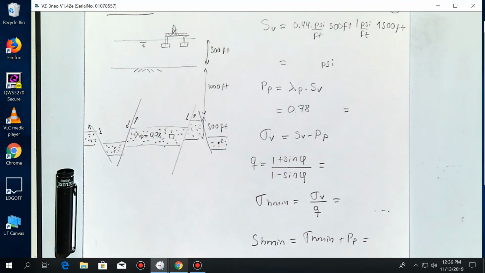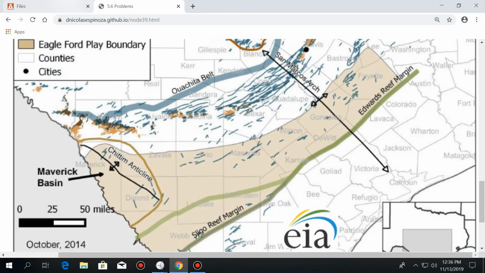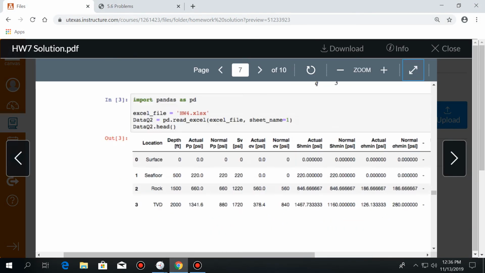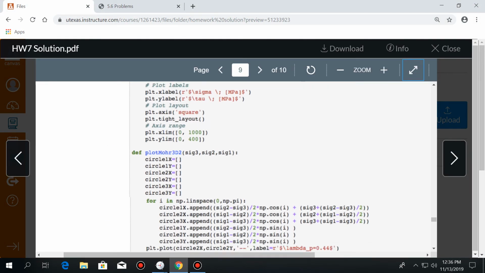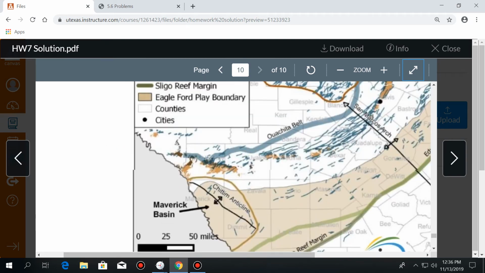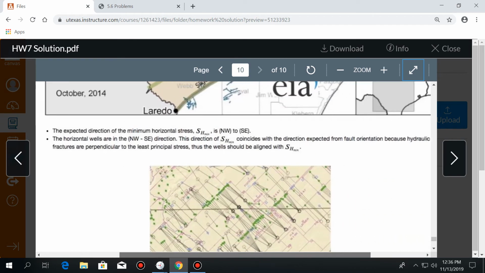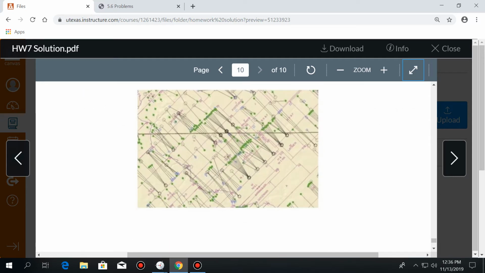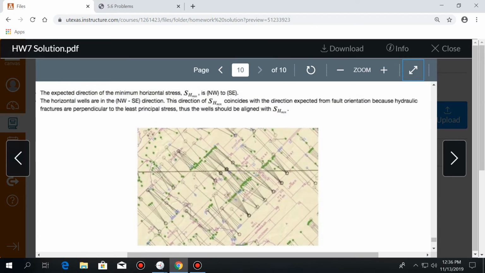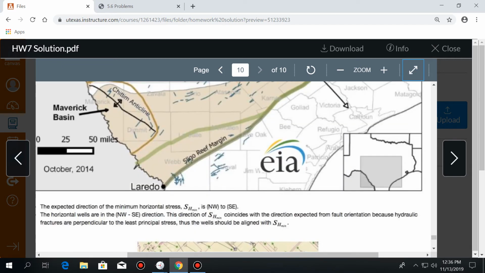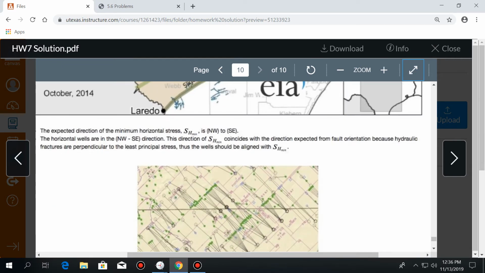And let me just go very quickly through that. This is what Jeffrey obtained in the solution, where the north is pointing up. You can see the direction of the wellbores very much respects that regional stress orientation. Okay.